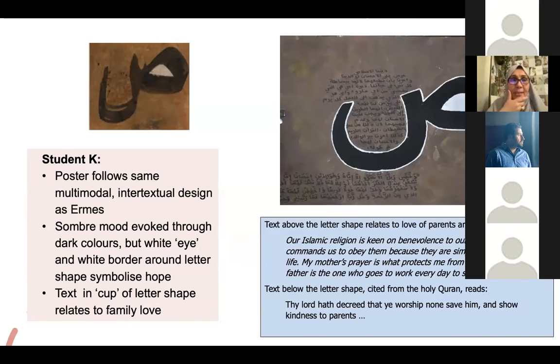And as you can see here, she drew the darkness around and the love of parents. This white is linked to the white-eyed as symbolized the hope. And she wrote her story in the letter shape like the cup, which relates to family love.